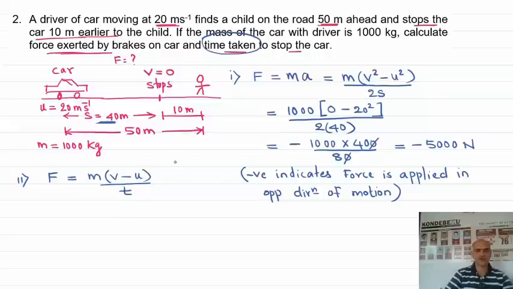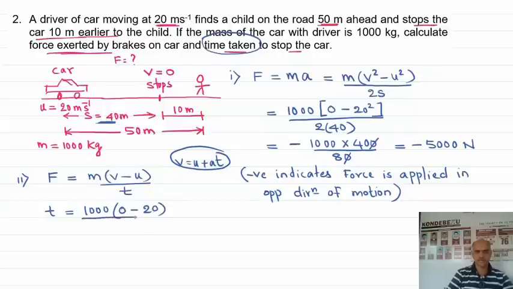From the first formula, v is equal to u plus at, a is equal to v minus u by t. Therefore, t is equal to, I have taken t to the LHS, mass is 1000 into final velocity 0 minus initial velocity 20, divided by F, which is minus 5000.